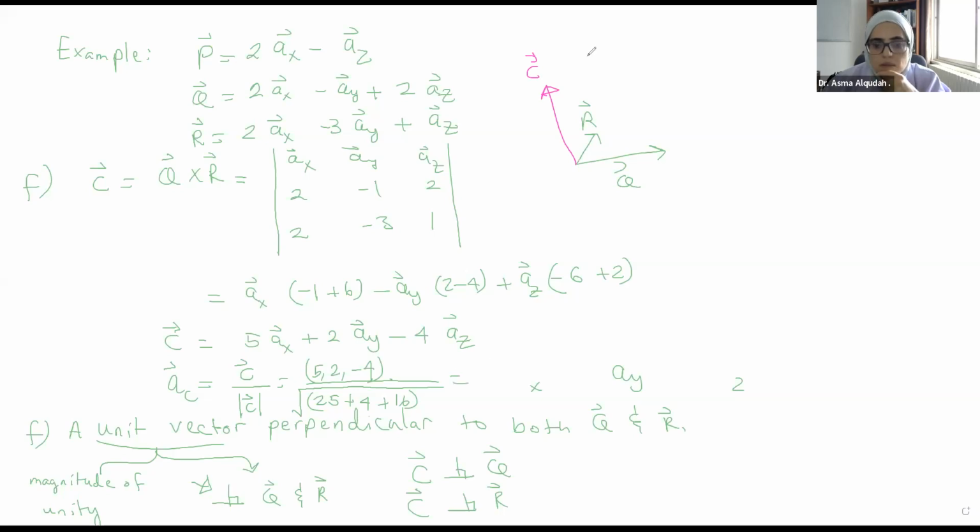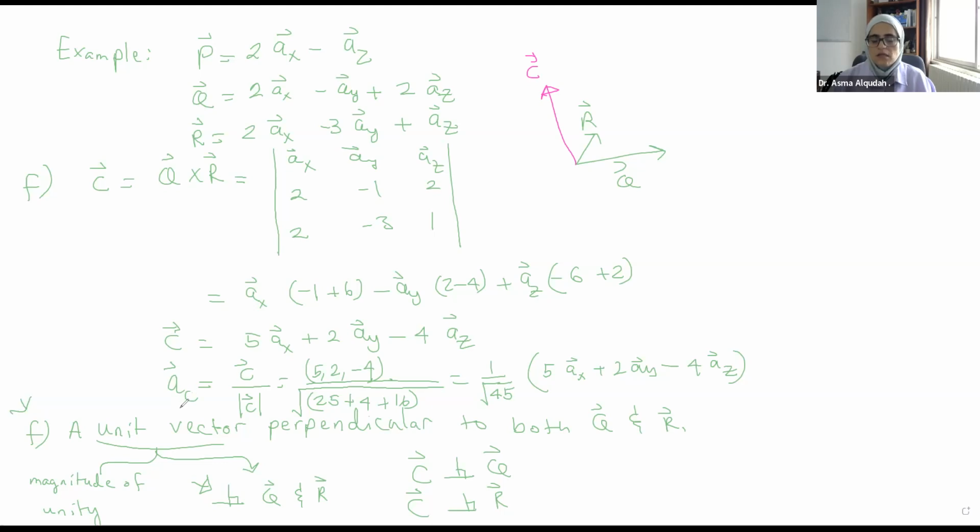This is going to be the square root of 45, multiplied by the vector C, which is 5 A sub X plus 2 A sub Y minus 4 A sub Z.